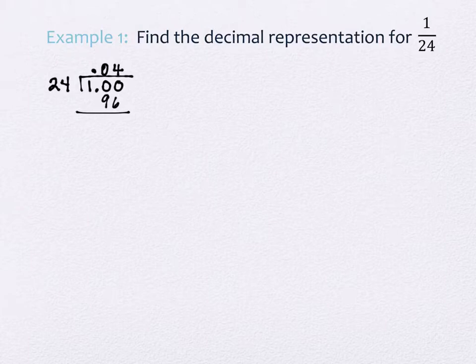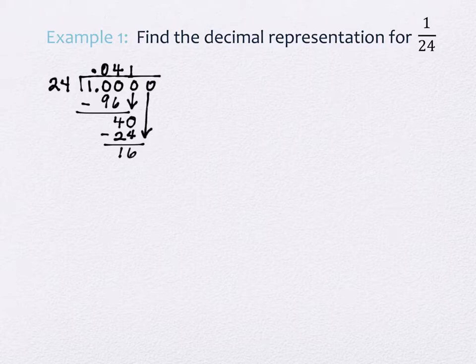And if I subtract, I get the number 4. So I'll put another 0 and bring it down. How many times will 24 go into 40? 1. 1 times 24 is 24. If I subtract, what do I get? 16. And we will bring the number 0 back down again.